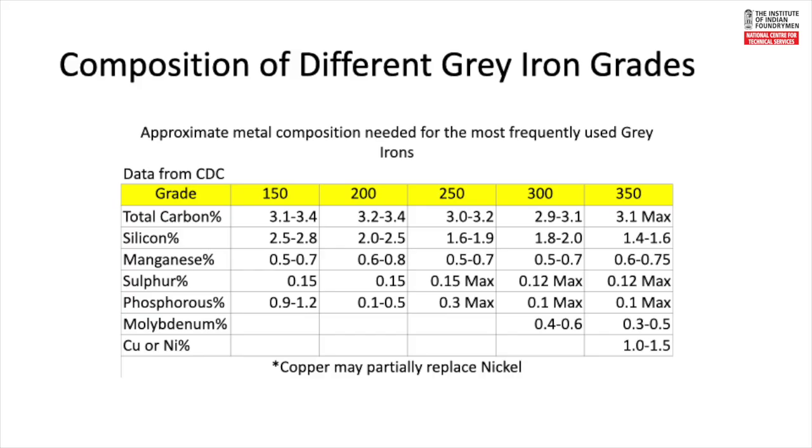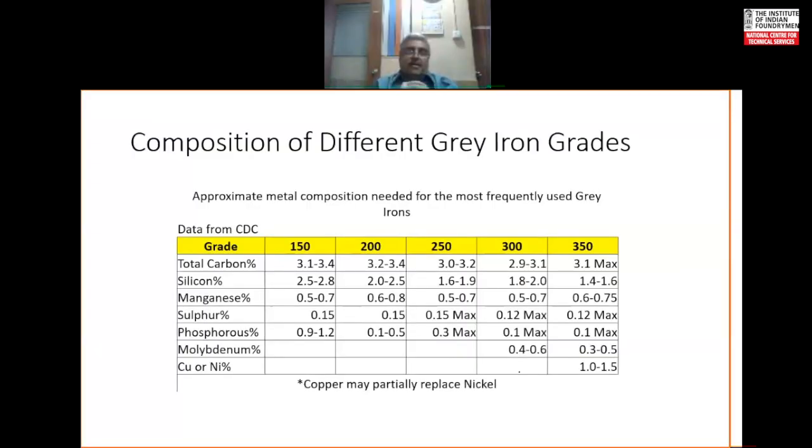As you can see, as you go towards the higher grades, the carbon equivalent goes down, the sulfur goes down as you go towards 300, 350 grades. Phosphorus also goes down. And for higher grades, you may add molybdenum and copper or nickel. Copper has an added advantage that it tends to refine the pearlite. That means your graphite lamellae will be finer, which strengthens the matrix.